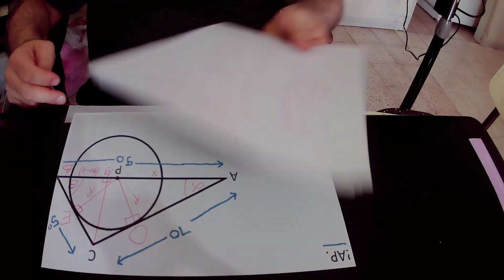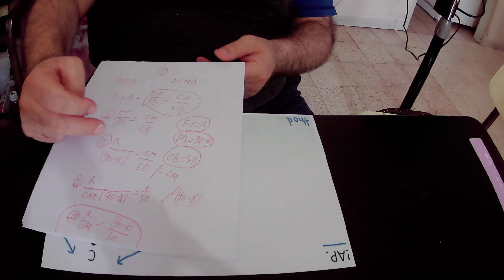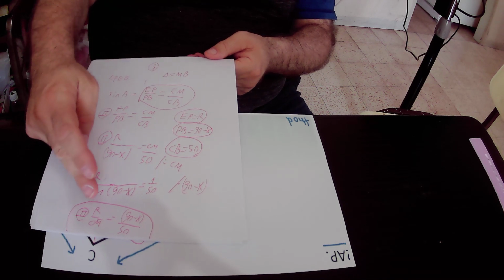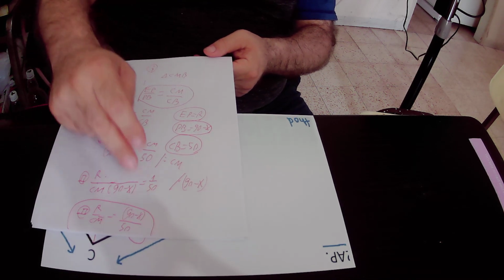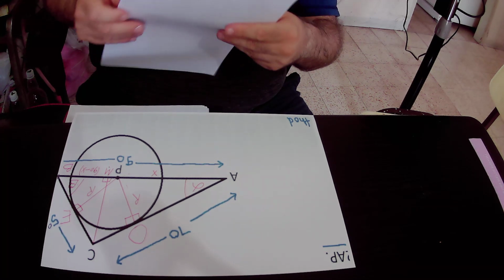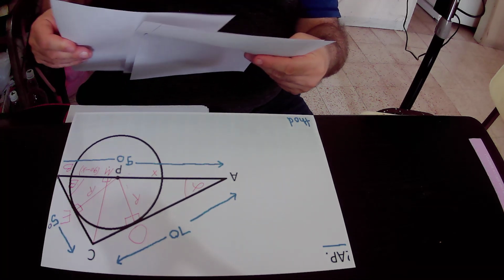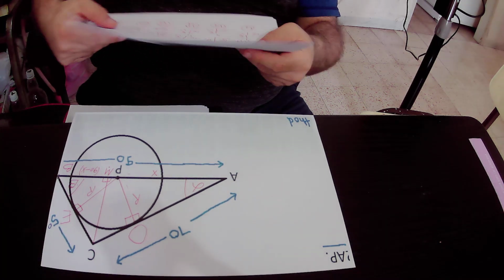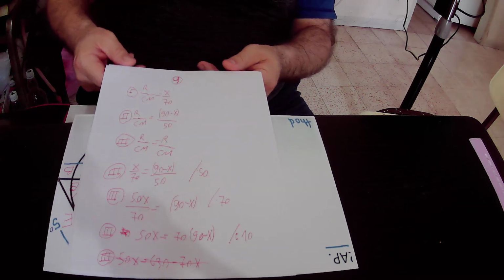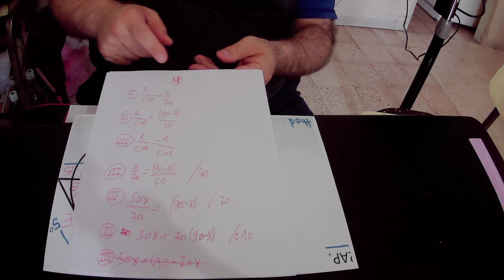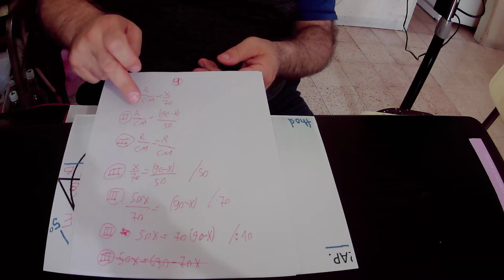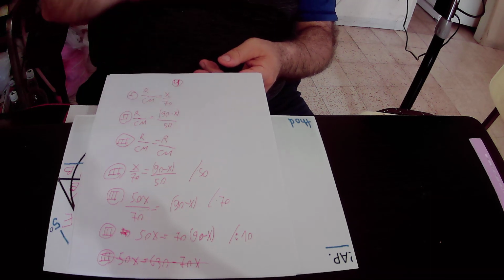So we put this data in the second equation, and we got that R over CM equals (90 minus X) over 50. So we have two equations with the expression R over CM: from the first, R over CM equals X over 70, and from the second, R over CM equals (90 minus X) over 50.